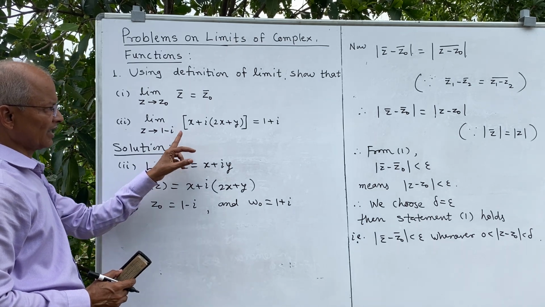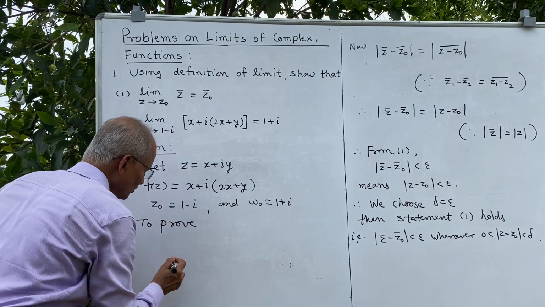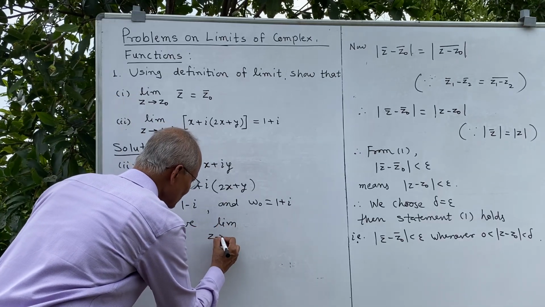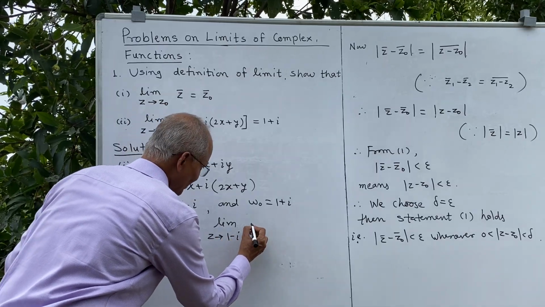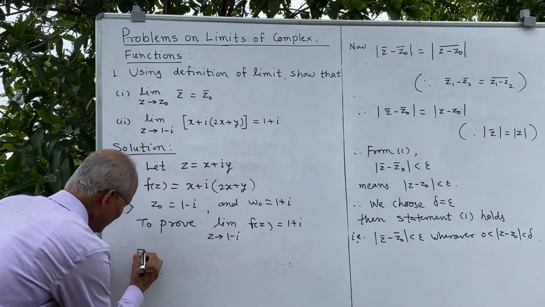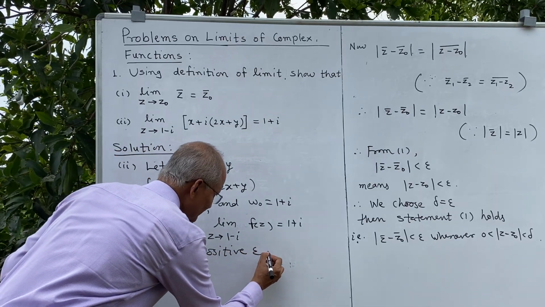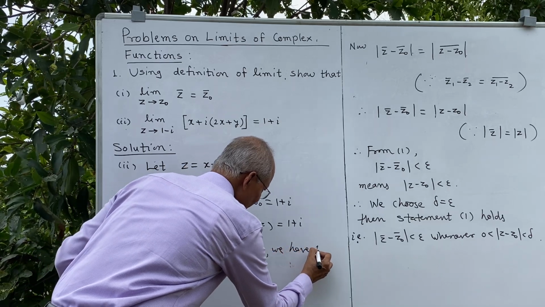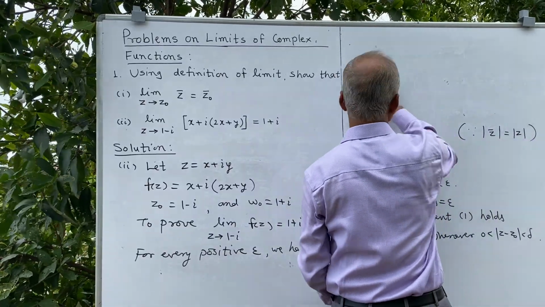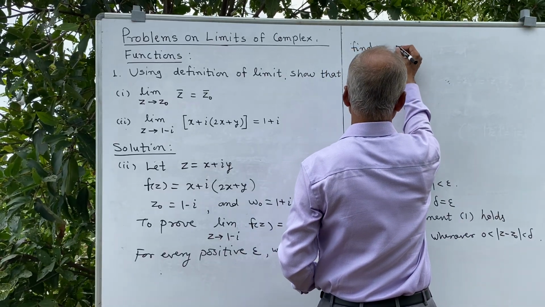Now, to prove the given limit, to prove limit z tends to 1 minus i of f of z is equal to 1 plus i, for every positive epsilon we have to find a positive number delta.